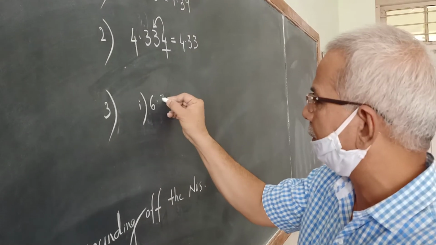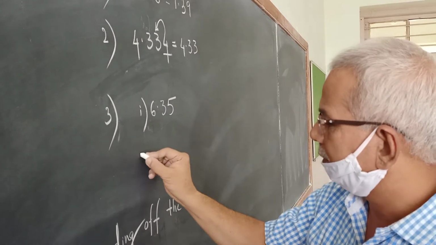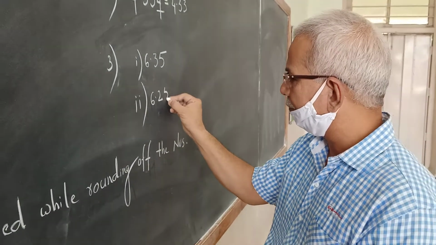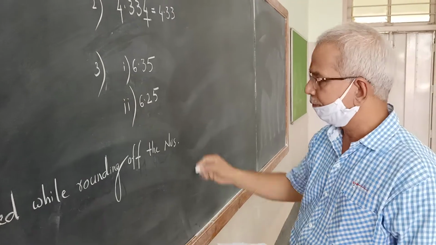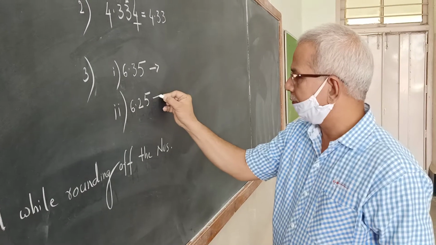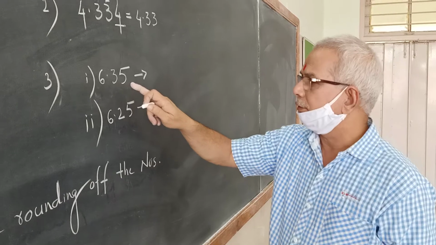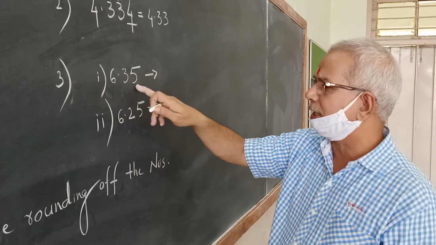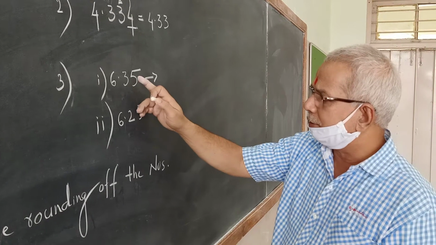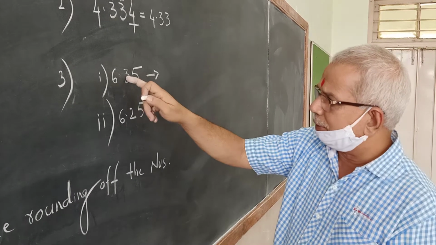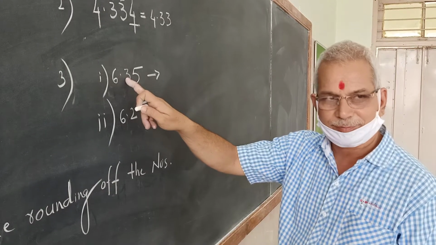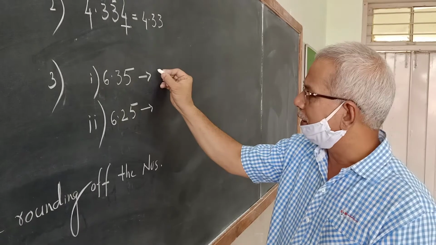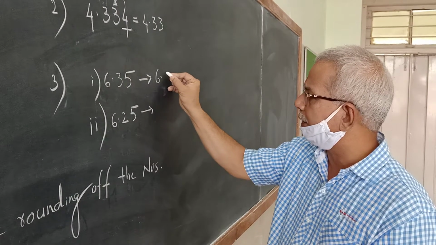6.35 and 6.25. Now, this number, 6.35, I want to round off to 1 decimal place. See the second decimal place. It is exactly 5. What to do? See the previous digit. If the previous digit is an odd number, then you increase it, so this is rounded off to 6.4.